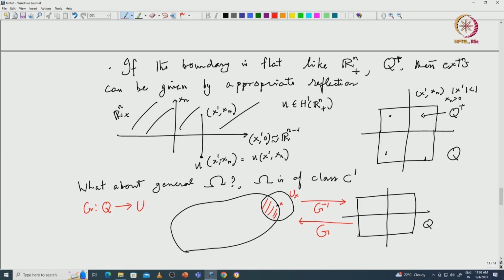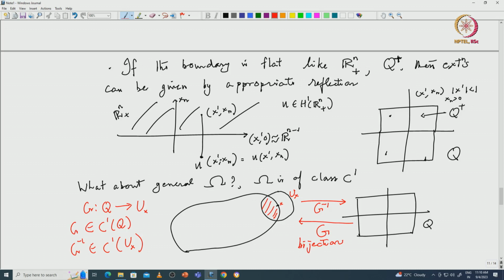There should be an existence of such a neighborhood, so that G is in C1 of Q and G inverse is in C1 of U_x. So it is a bijection with that map. If you are saying that omega is of class Ck, you demand G is in Ck and G inverse is in class Ck.